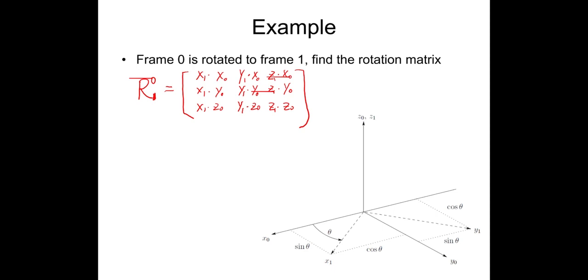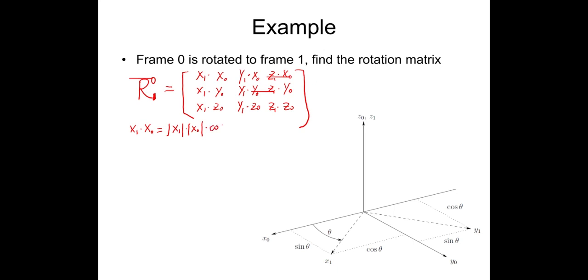So then, if we want to find the rotation matrix for this particular case, we need to calculate all these 9 terms. Let's start with the first one, x1 dot product x0. By definition, the dot product means the length of x1 times the length of x0 times cosine theta, and all of these are unit vectors.